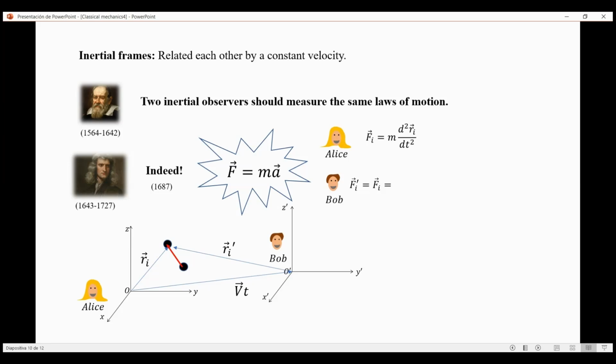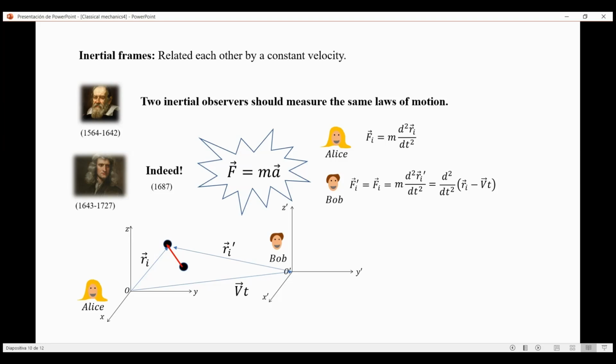And Bob measures particle i position r prime sub i subjected to a force which we showed before equals F sub i, the same as Alice, and an acceleration given by the second derivative in time of the position vector r prime sub i referred to O prime, X prime, Y prime, Z prime.